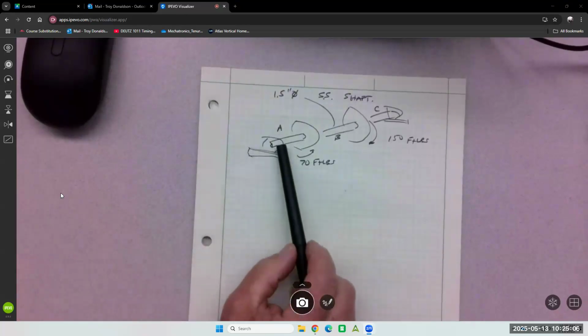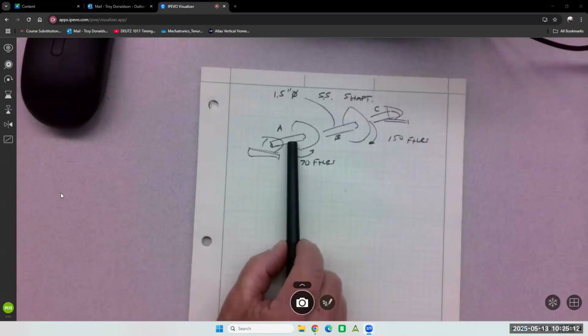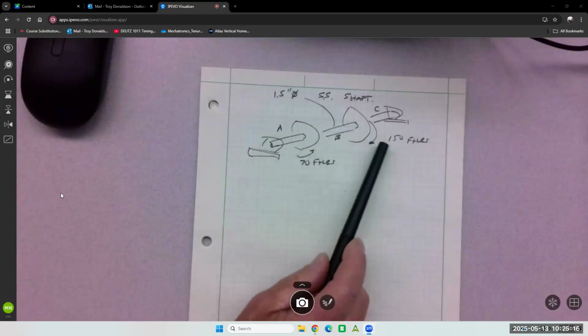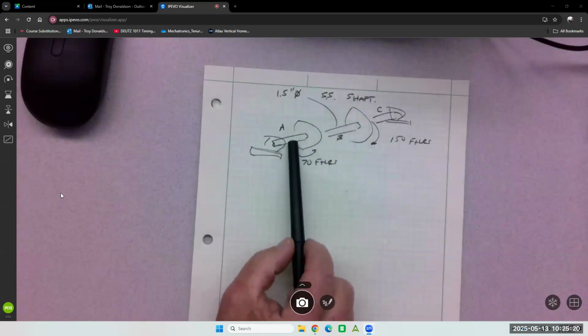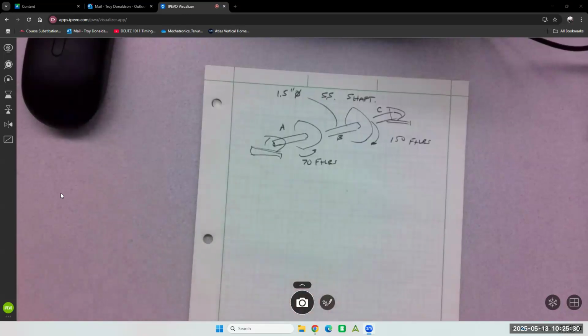What's happening out here at this section of the shaft? Free to spin and free to spin. Is there a torque out here? No. That free end is just spinning away, right?